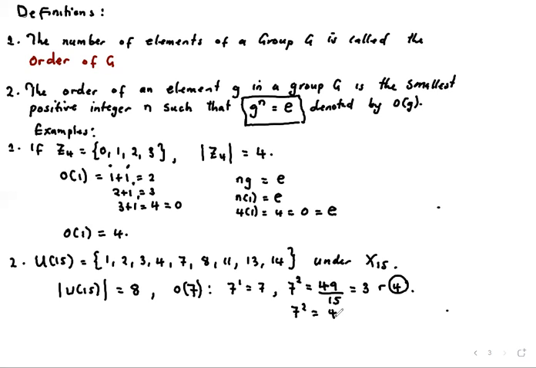So we're not yet there. We extend and get 7 power 3, which is 343.